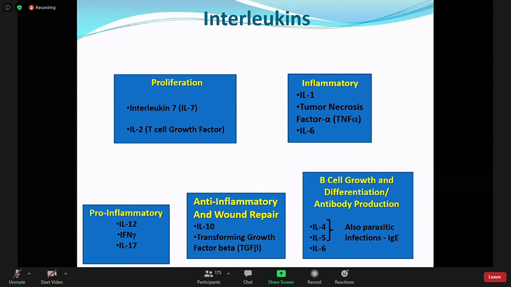But still, many of these pro-inflammatory cytokines can participate during the inflammatory response. So they can also act as inflammatory cytokines too.